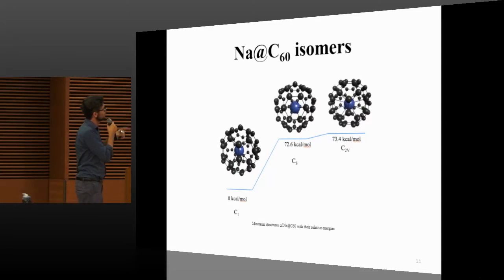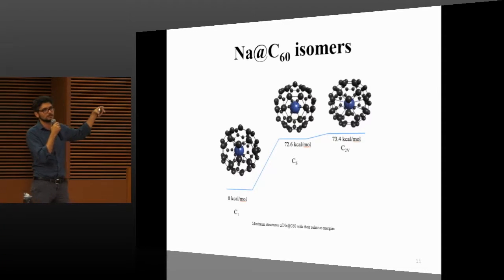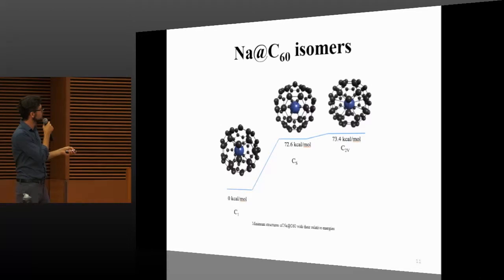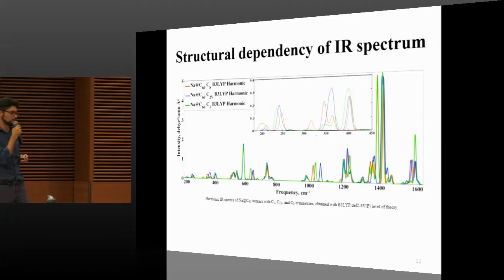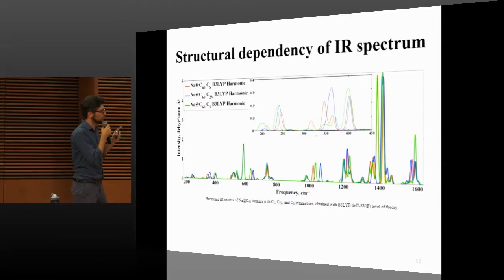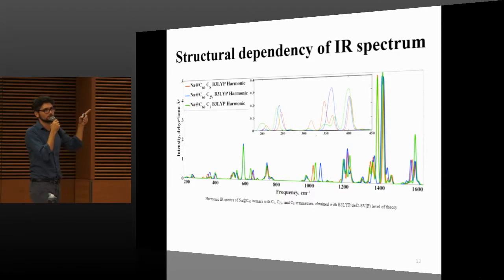But this is related to different symmetries of different positions of sodium inside the cage with their relative energies. And this is the first spectra, which is related to harmonic spectra, and the comparison between those different structures.